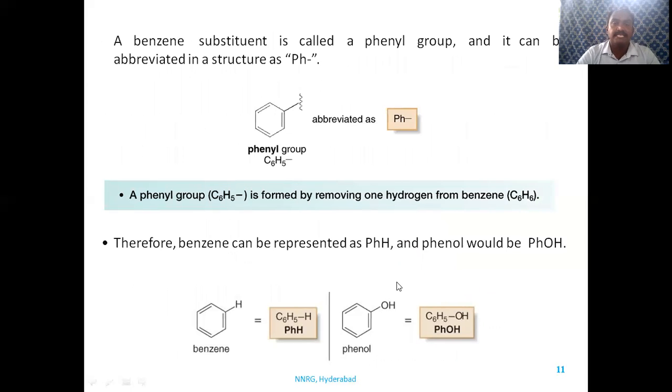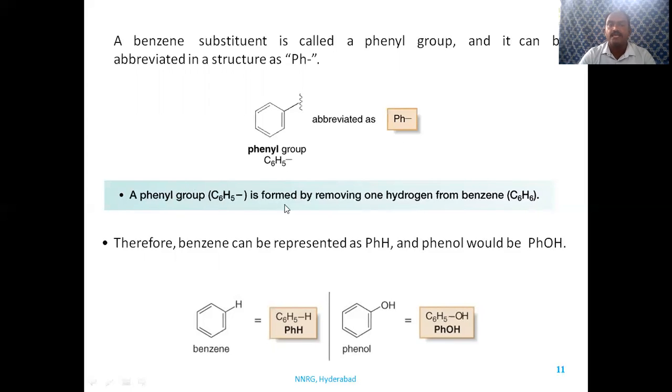Even if benzene is acting as a substituent, we need to call it phenyl. Like methane, when it loses a hydrogen, we call it methyl. When ethane loses a hydrogen, we call it ethyl. Similarly, when benzene loses a hydrogen, the substituent is called the phenyl group, abbreviated as Ph.